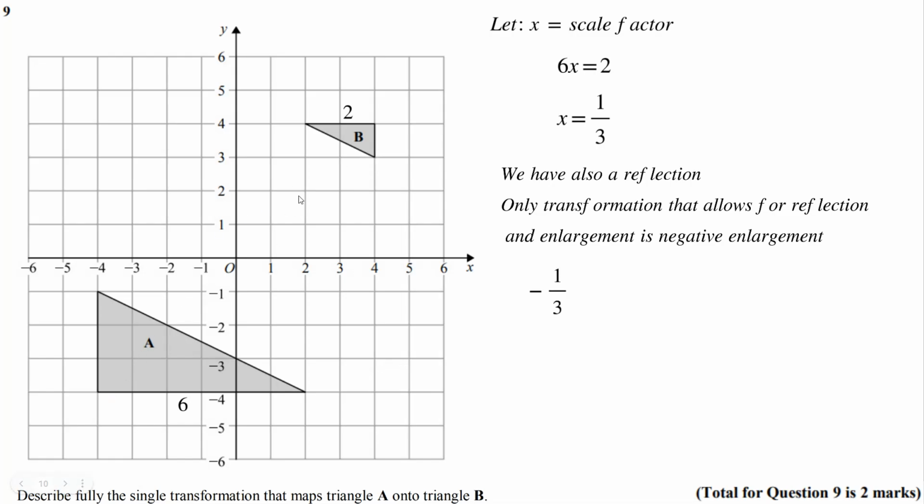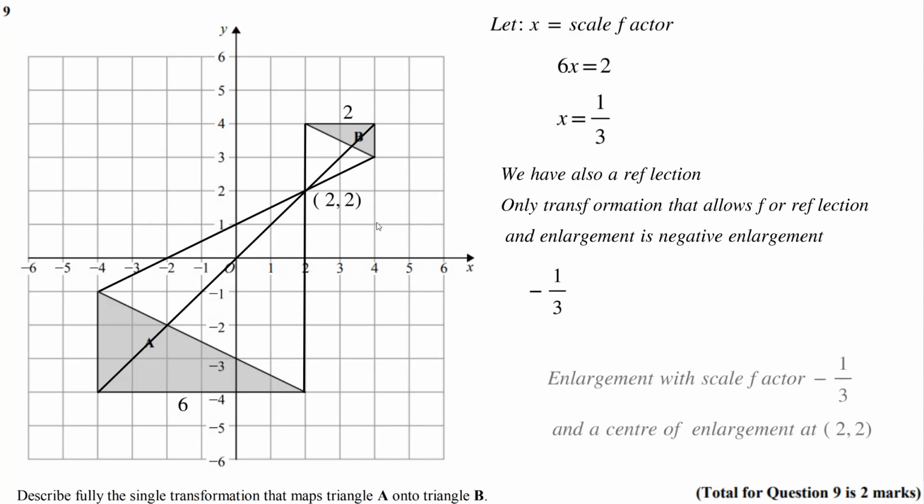And this one stays with this one, and this one comes to this one because the shape has been reflected. So they all converge at the point 2, 2, so the center of enlargement is 2, 2. That tells us it's an enlargement with a scale factor of minus 1/3 and a center of enlargement at 2, 2.